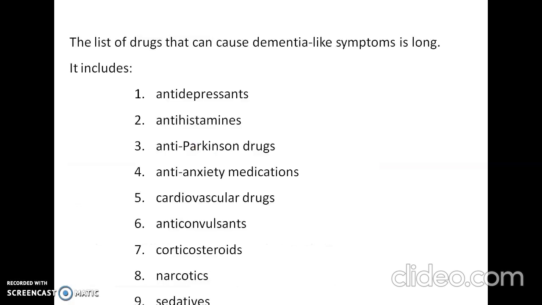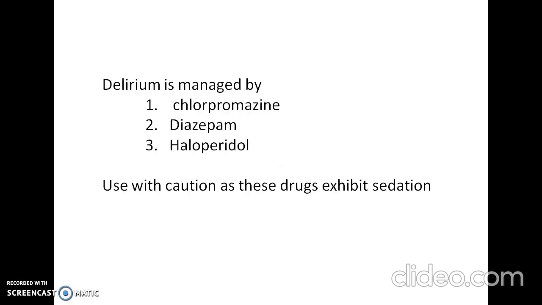So here is a list of drugs that can cause dementia-like symptoms in long-term use, which includes antidepressants, antihistamines, anti-Parkinson agents, anti-anxiety medications, cardiovascular drugs, anticonvulsants, corticosteroids, then narcotic agents, sedatives. Upon stoppage or re-challenging, there may be chances of recovery of the dementia which is induced by the drug on long-term use.